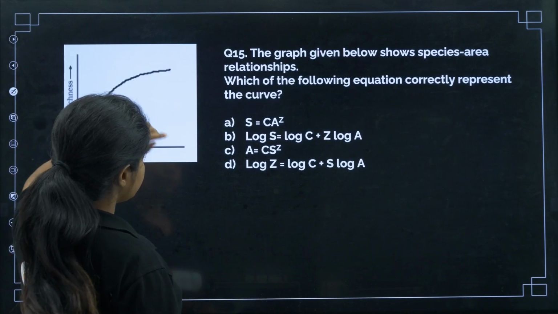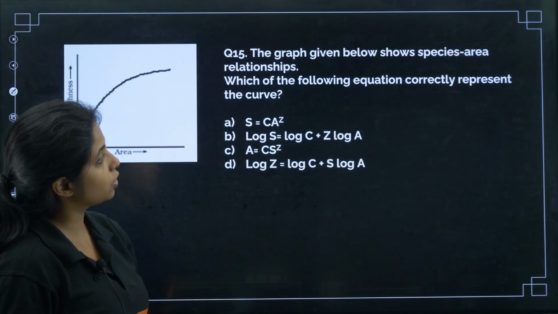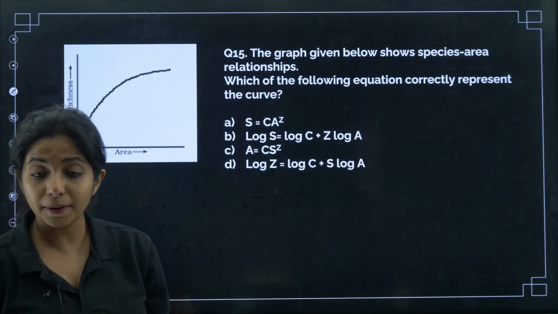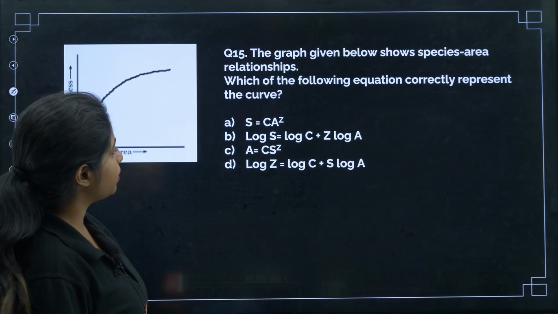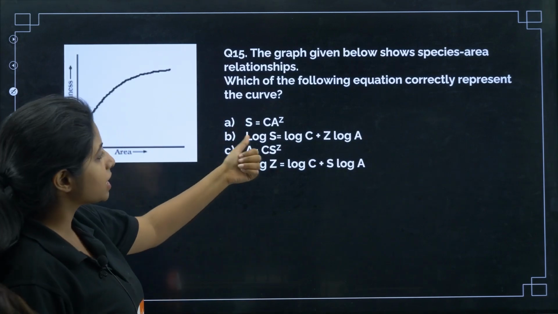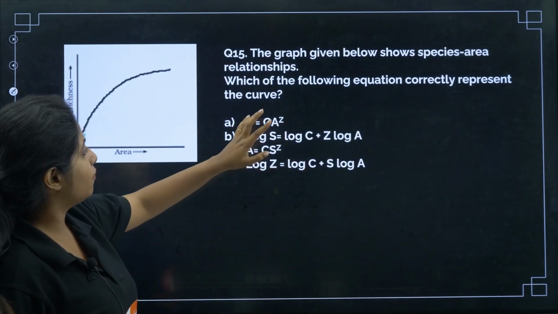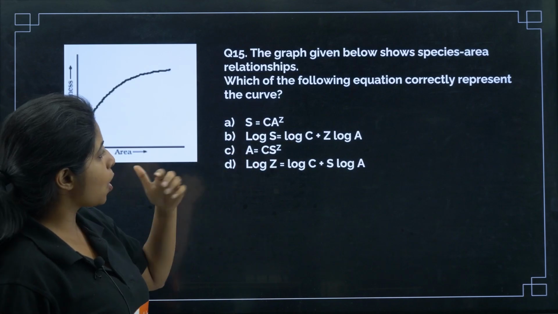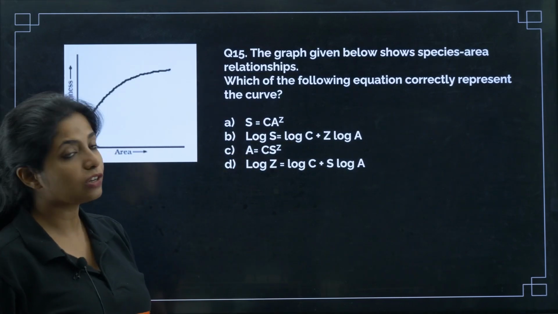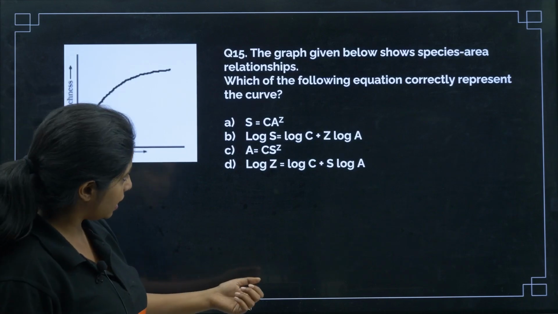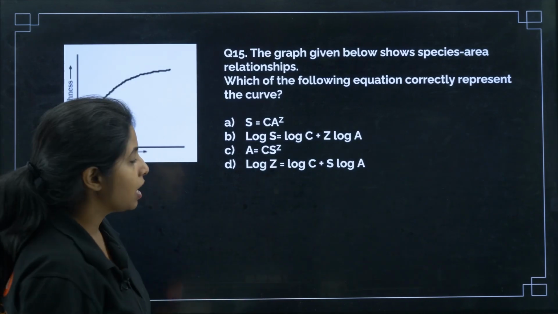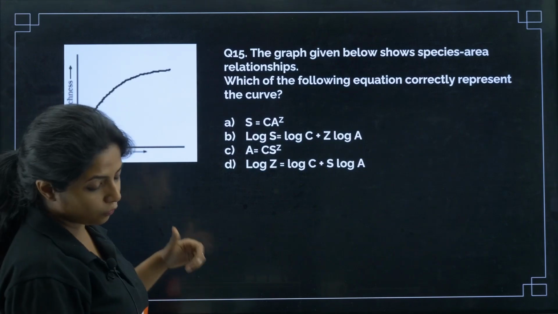Going ahead. The graph given below shows species area relationships. Which of the following equations correctly represents the curve? A is S equals C A to the power Z, B is log S equals log C plus Z log A, C is A equals C S to the power Z, and D is log Z equals log C plus S log A. What does this type of curve represent?